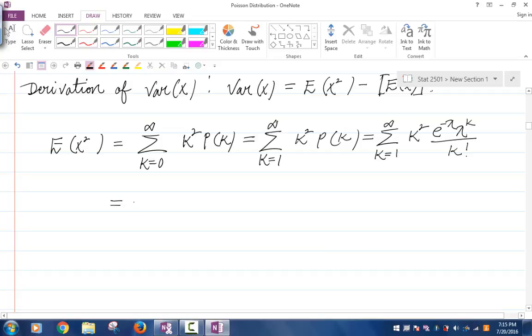Now we're going to factor out e to the minus lambda as before, and we have k going from 1 to infinity, k squared, lambda to the k over k times k minus 1 factorial.